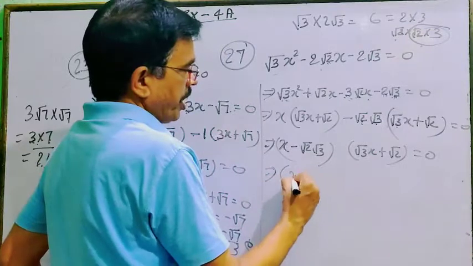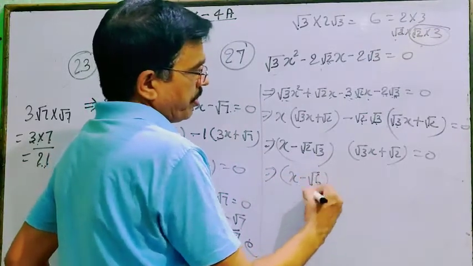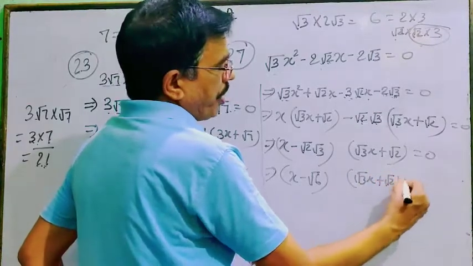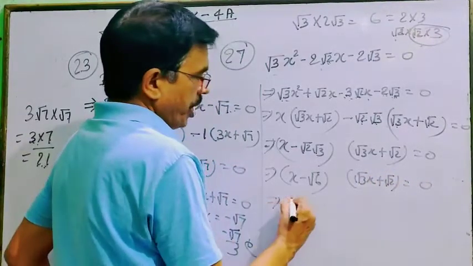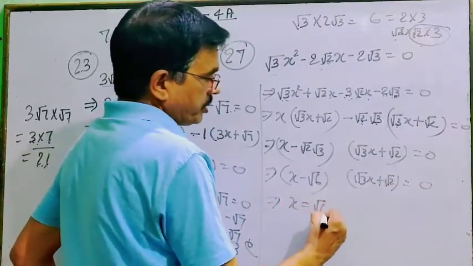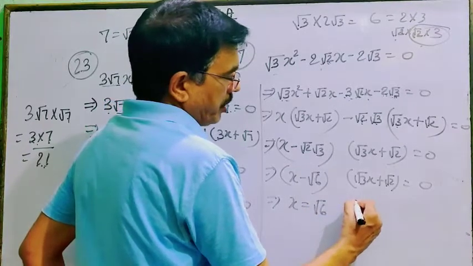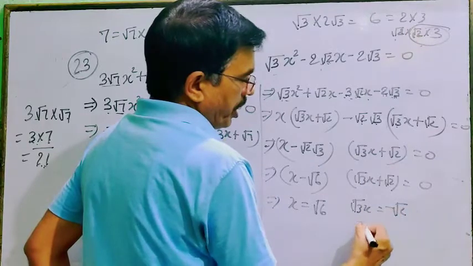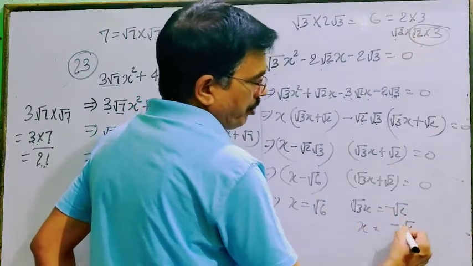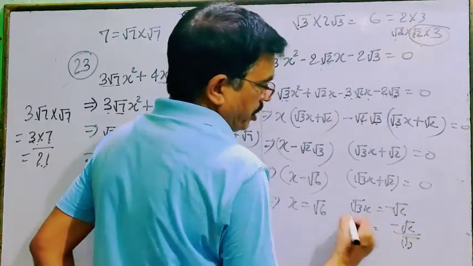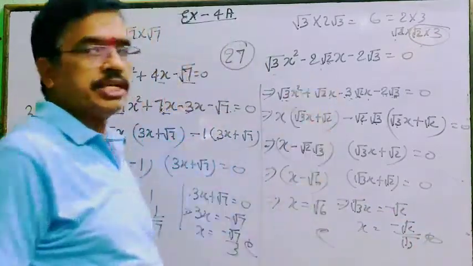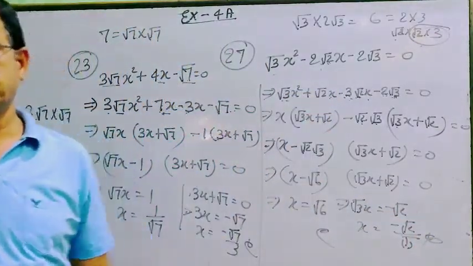Then you write x minus root 6, and here root 3x plus root 2 is equal to 0. So you write x is equal to root 6, and here root 3x is equal to minus root 2, then x is equal to minus root 2 by root 3. So you write here there are two solutions when your question is in the form of irrationals.